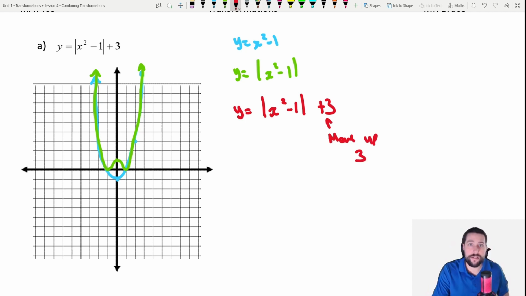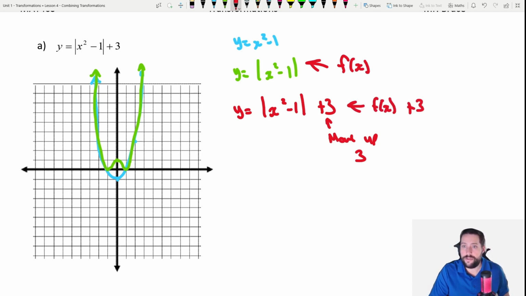This is your f of x, and then you're going to add 3. So we're going to move all these values up by 3. So this will be 1, 2, 3. So your graph will look like this.